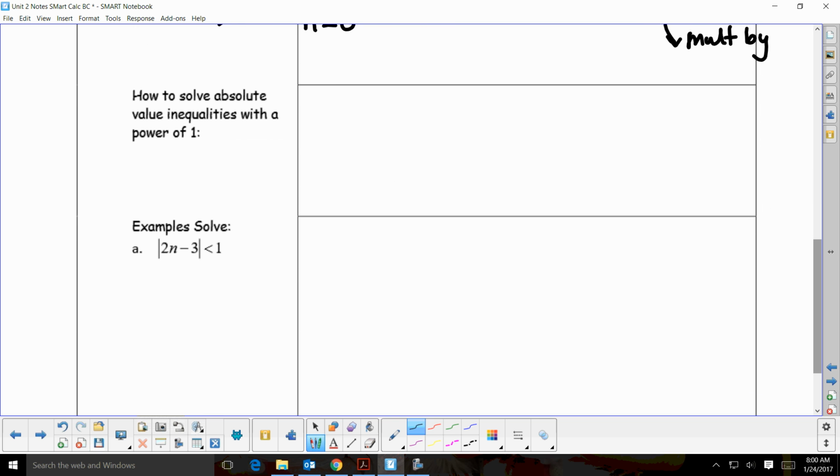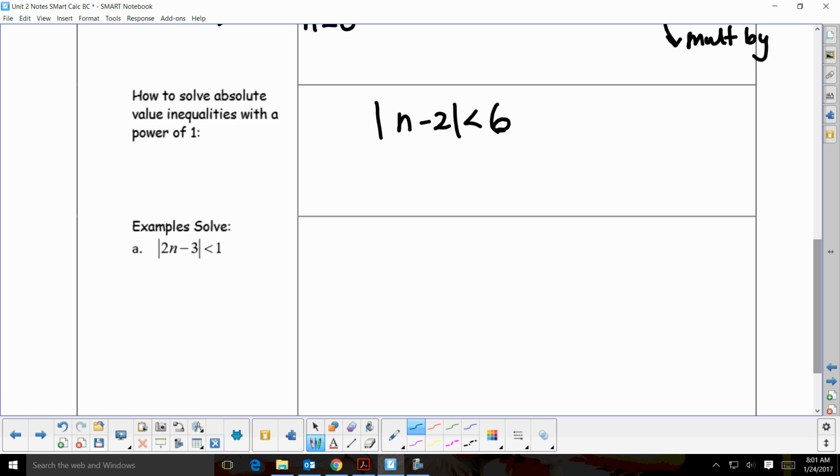Next, I think this is the last skill I have, with these absolute value problems. Yes? Oh, no. Okay. So almost done. So how to solve an absolute value inequality when the power is just 1. So when I have this, n plus 2 is less than, give me a number. 6, I heard.